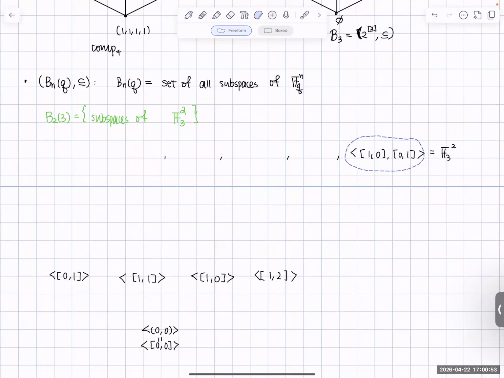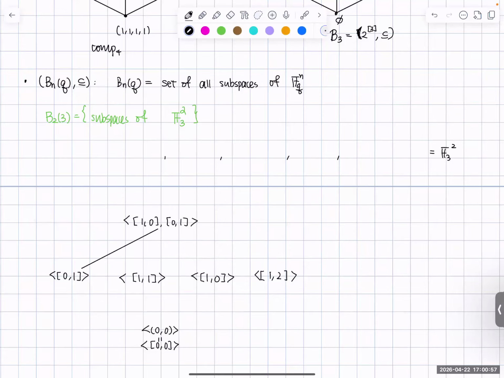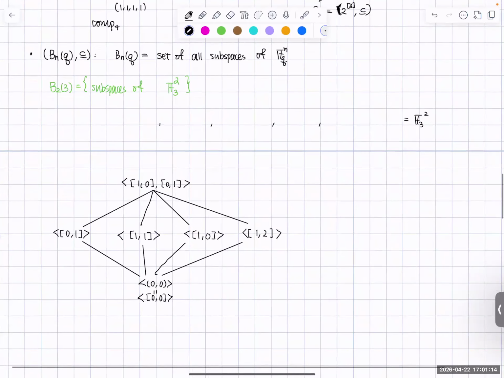And then afterwards we have this guy. So if you draw it out, it would just be like this. So this is the Hasse diagram of this poset.